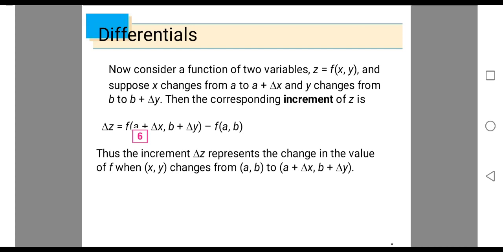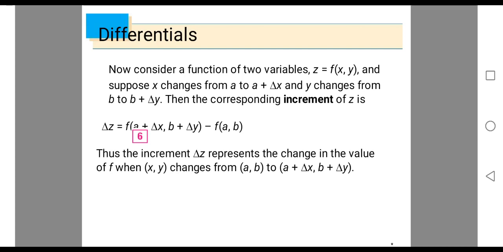So the increment delta z represents the change in the value of f when x, y changes from a, b to a plus delta x and b plus delta y. By analogy with equation 5, we define the differentiability of a function of two variables as follows.